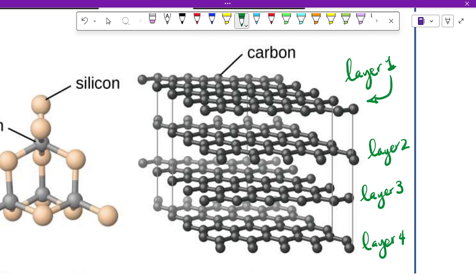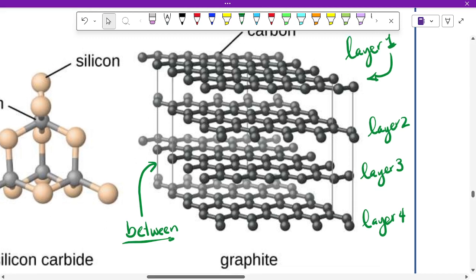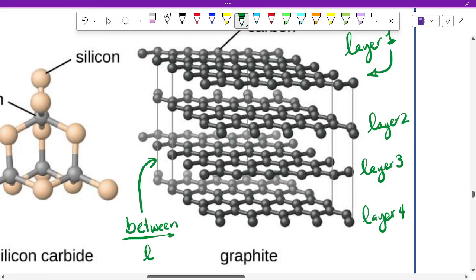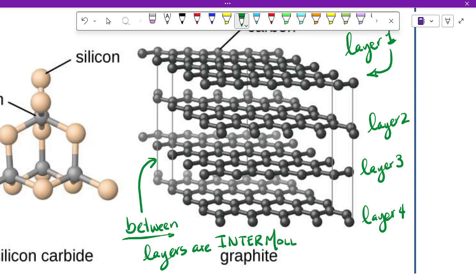They are intermolecular forces between the layers. IMFs.